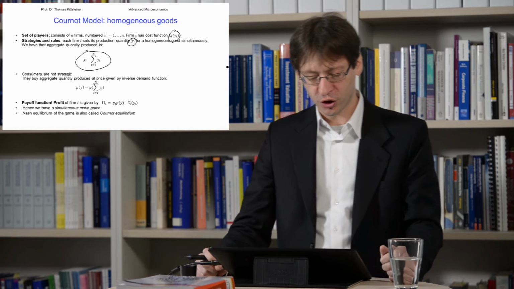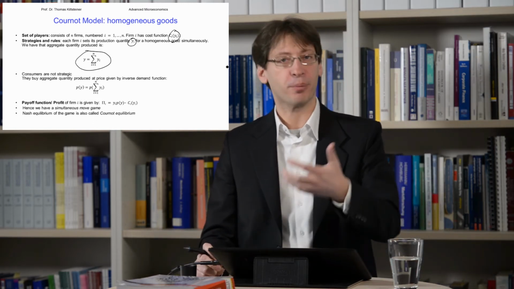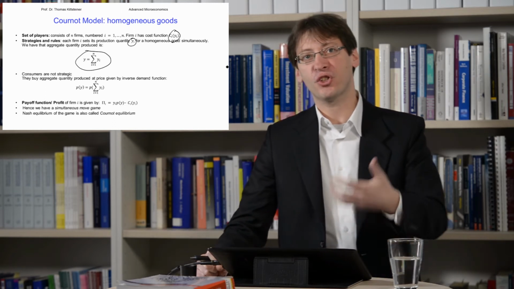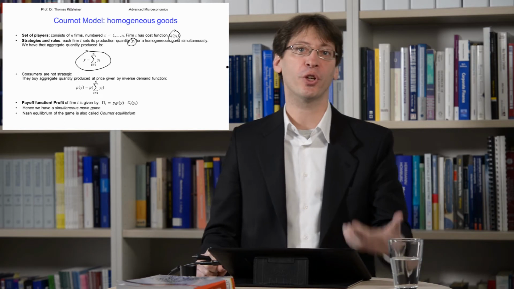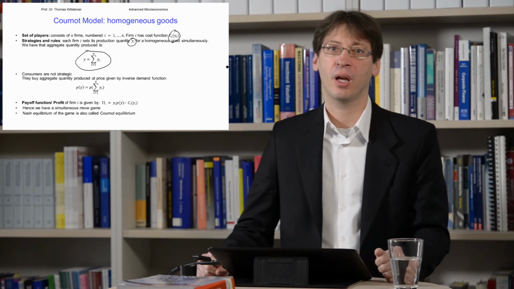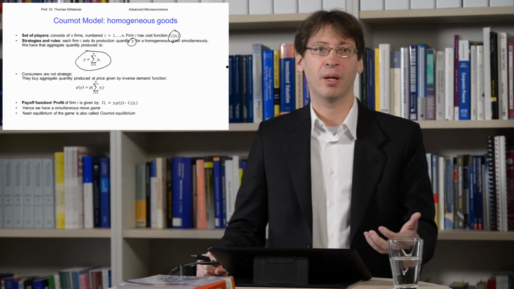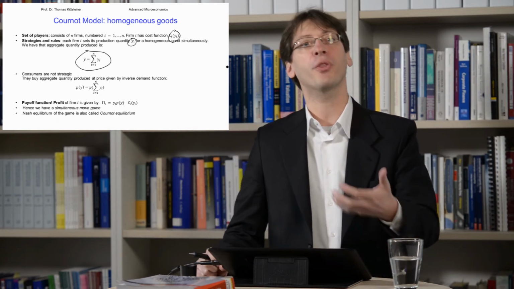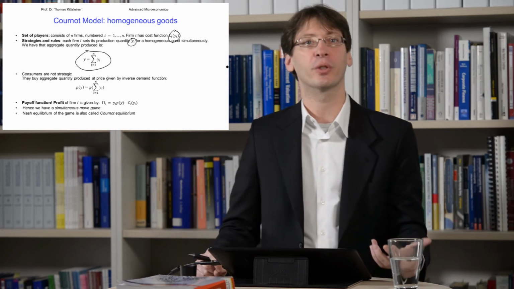How do they make decisions? Essentially, the idea is that the price in the market is just set at a level where the total quantity produced is sold. And at the moment, I can't give you a better explanation for that in terms of why would the price be exactly at the level such that the total quantity is sold?